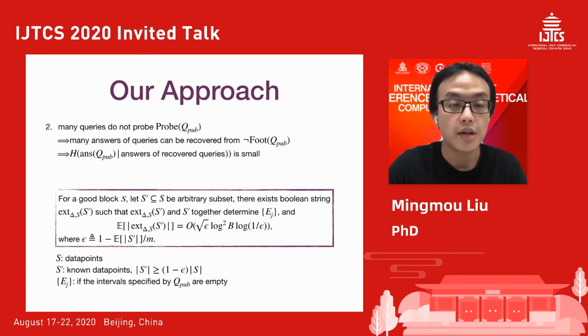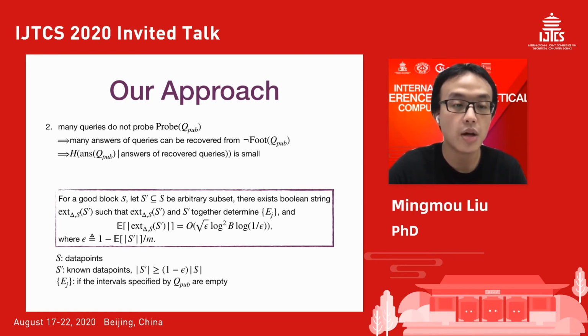The next step is to show that the set of cells which are not probed by QPub contains lots of information about the answers of QPub if many hard queries do not probe the cells probed by QPub. Given the set of cells which are not probed by QPub, we can enumerate all the queries and try to answer the queries with the set of cells.